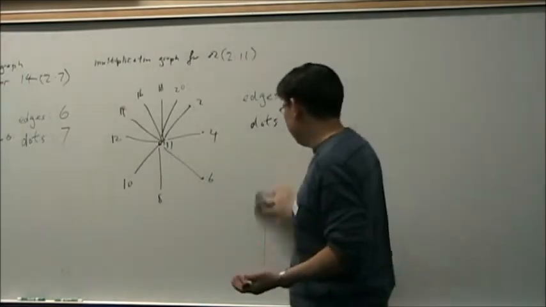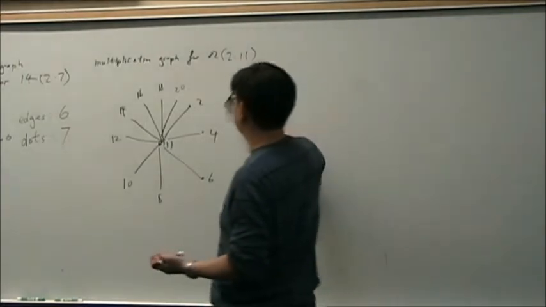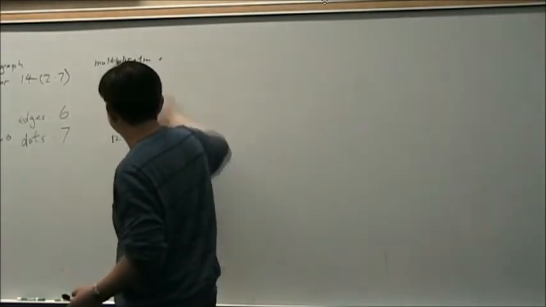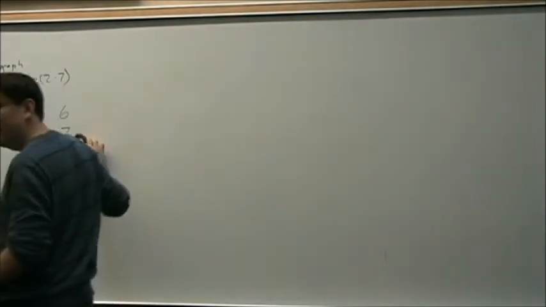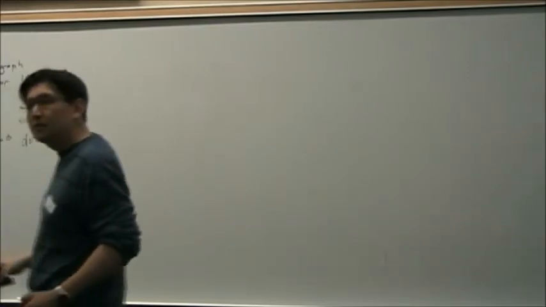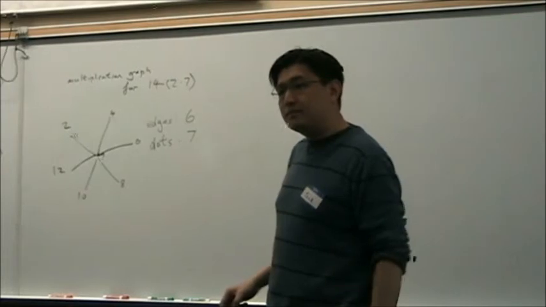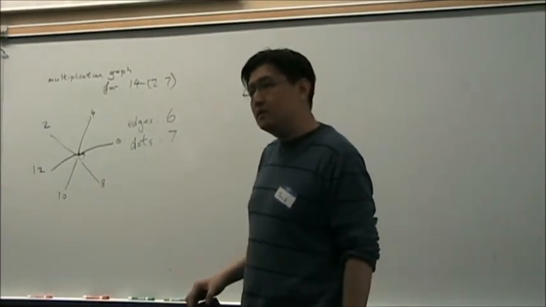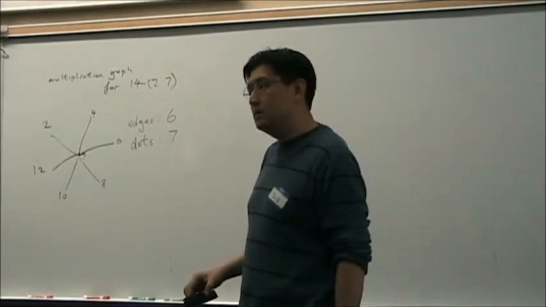I'd like to leave things as exercises, especially things I haven't thought about a lot. Do we know that the only starburst graphs are the ones of the type 2 times p? Can there be starburst graphs other than graphs for numbers like 2 times p? Not pure starburst graphs.